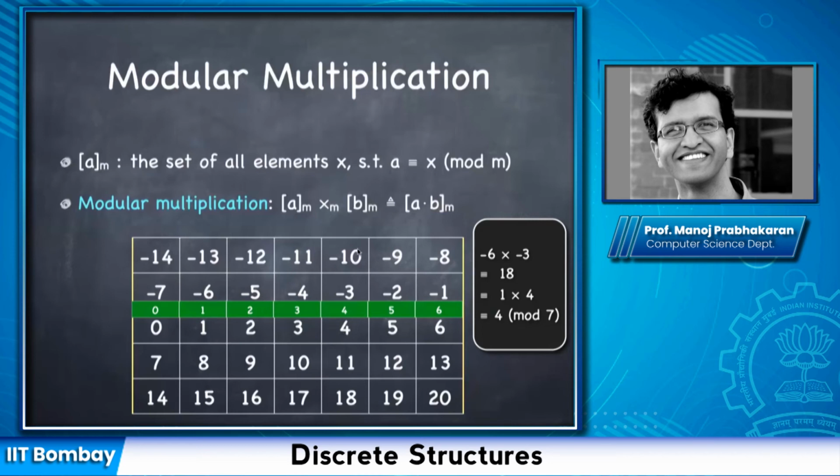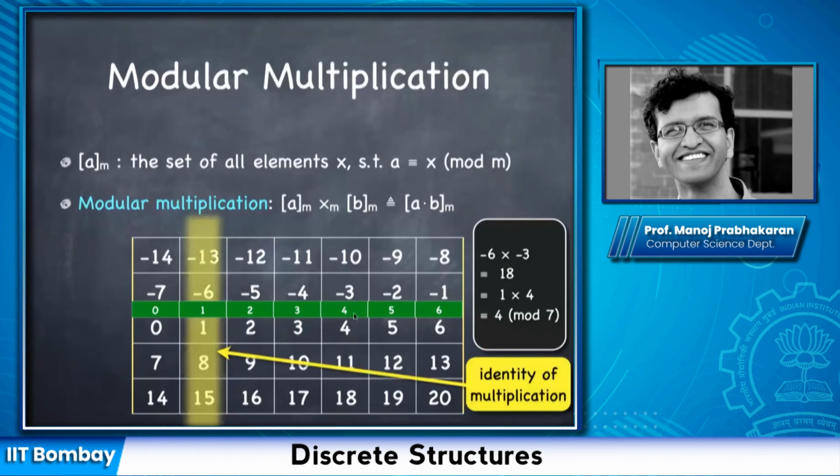So I multiply the column containing 1 and the column containing 4. I would end up with the column containing 1 times 4, which is 4. So I'll get back the same column as where minus 3 was. That is the column where 18 also lives. So here, the column containing minus 6 was the identity element. It was also the column containing 1. So the column containing 1 is the identity of multiplication.